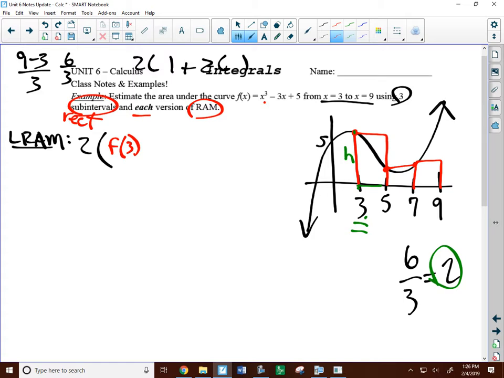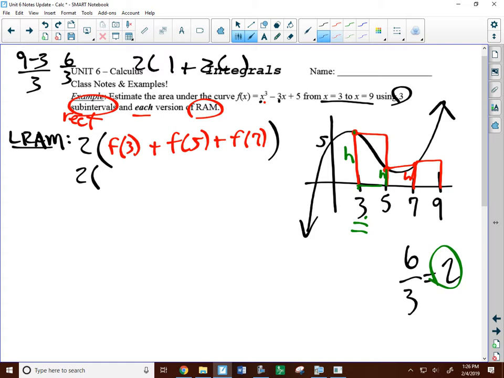It means I'm going to put in 3 here in a minute. Plus the next rectangle, I need the height on the left side, so it's the height at 5, f of 5, plus the next one will be the height at 7, and so it's f of 7. The reason I did it like that is because we're just going to plug these numbers in. I don't want to make it too cluttered.